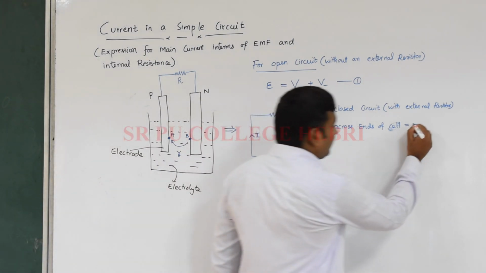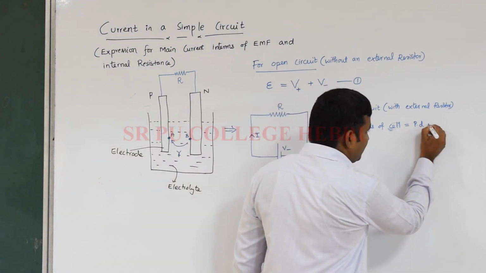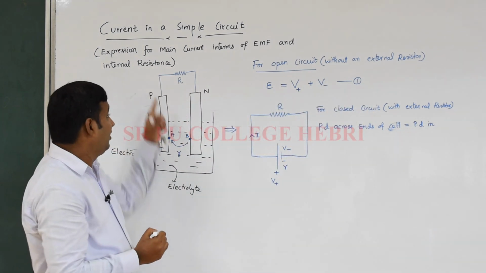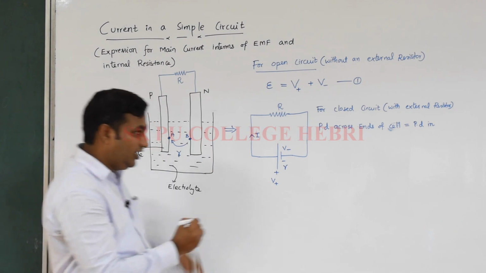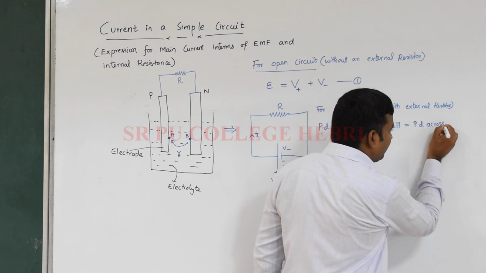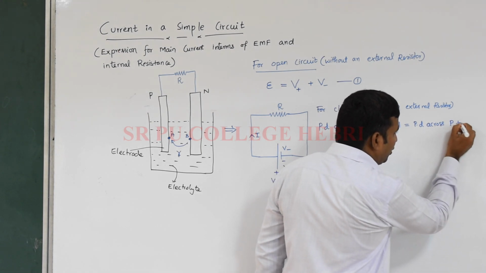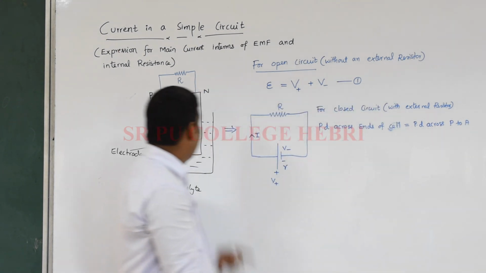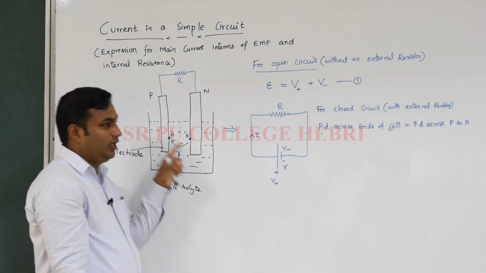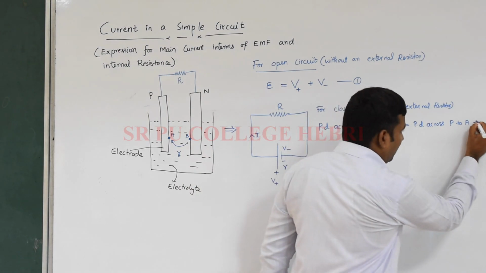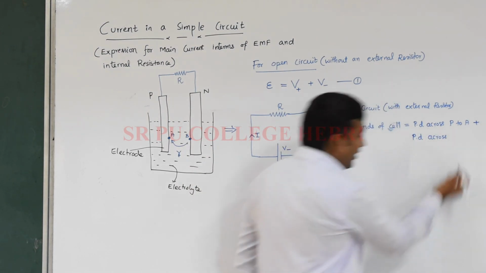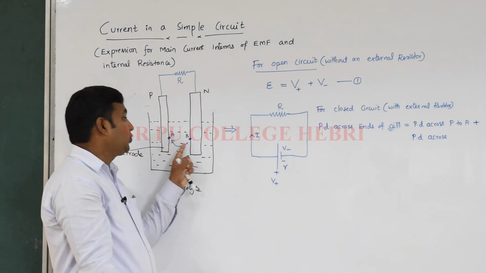One is the potential difference across P to A, that is from this particular point to here, plus the potential difference across A to B also.